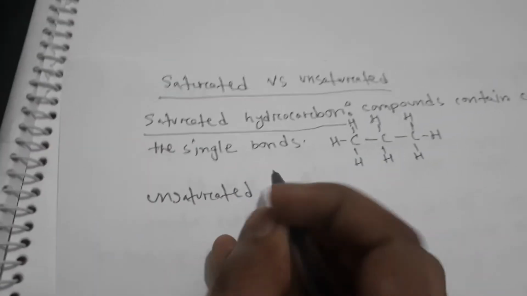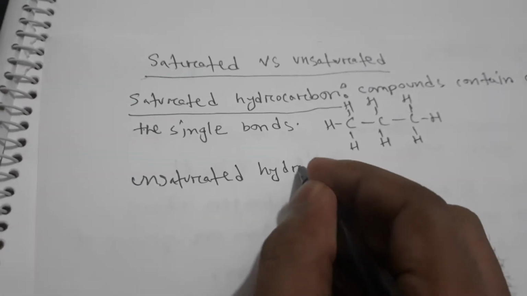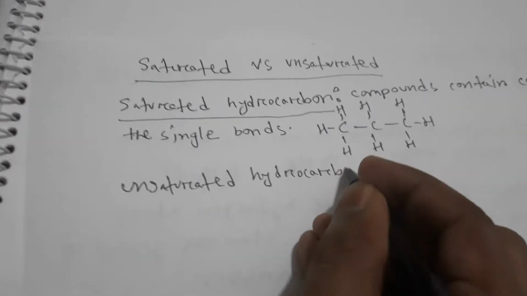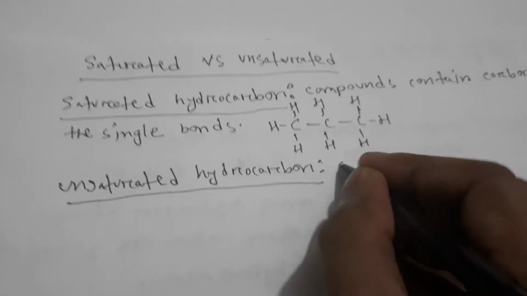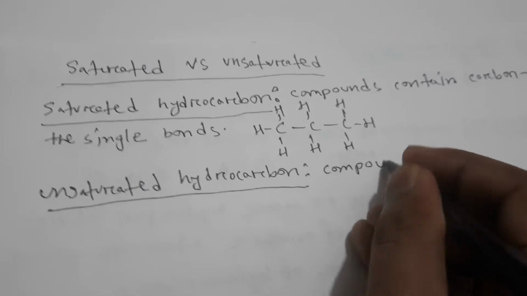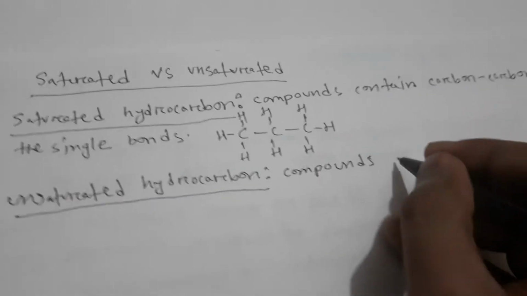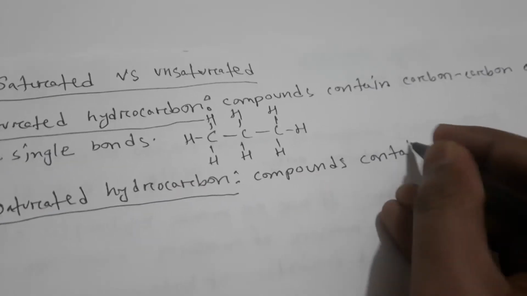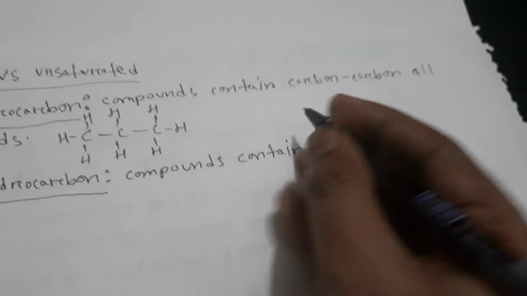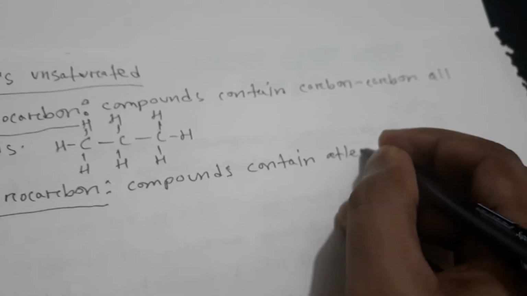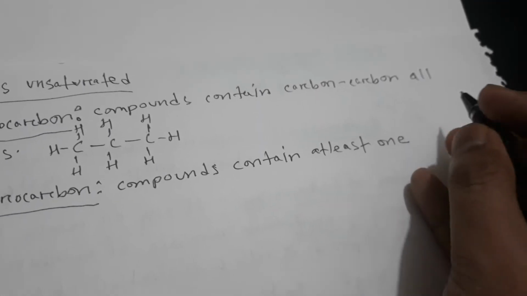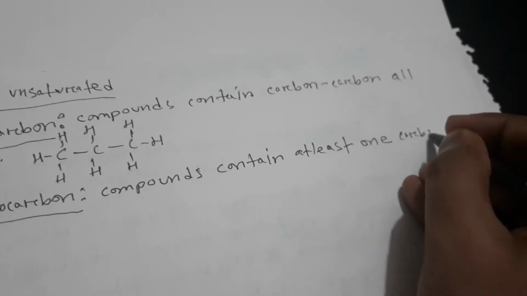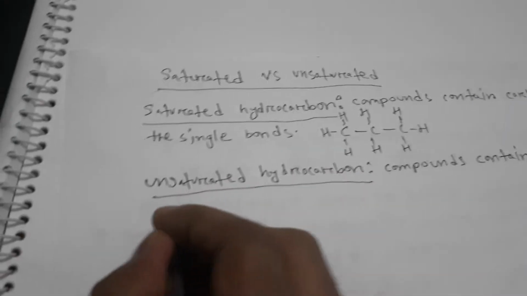And unsaturated hydrocarbon basically compounds contain at least one carbon-carbon double bond.